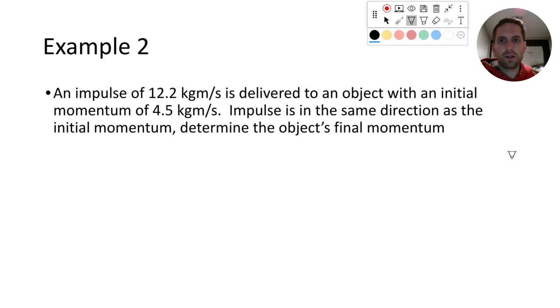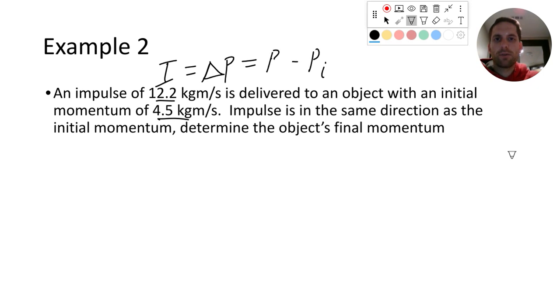So next one is if it says an impulse of this is delivered to an object of initial momentum of that. So we're given I, or change in momentum. We're given P initial. We're not given P final.